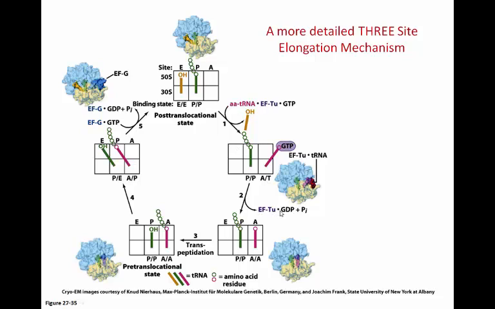Elongation factor Tu hydrolyzes GTP to GDP plus inorganic phosphate, and it dissociates. And now both this tRNA and this tRNA with the peptide, this represents an amino acid, these balls represent the peptide, bind entirely to the P site and the A site in both the 50S and the 30S. We have transpeptidation.